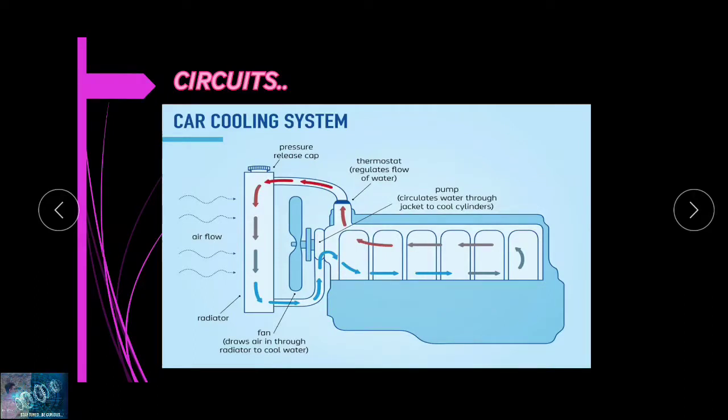Hot coolant flows through the radiator and the radiator exchanges the heat between the air and the hot coolant. Finally the coolant gets cooled, then it will again pass through the passages and the cycle will repeat. The pump is placed here to pump the coolant inside the engine.